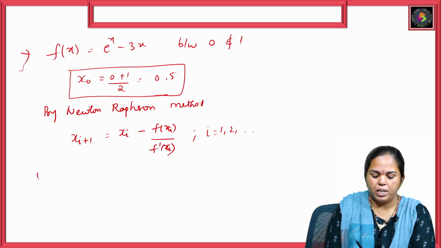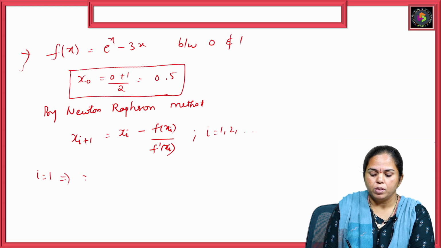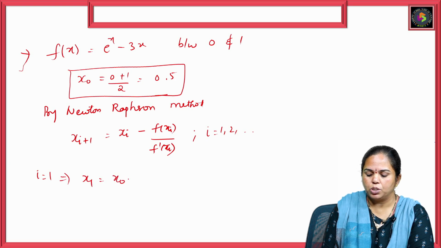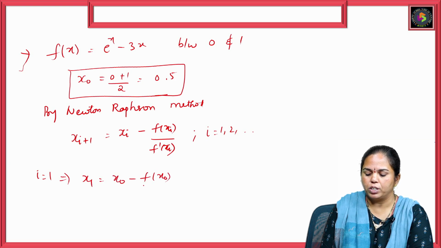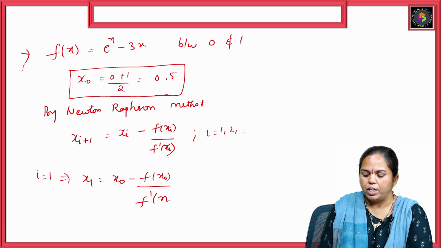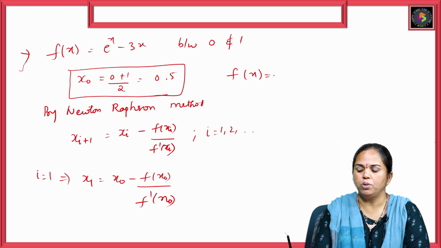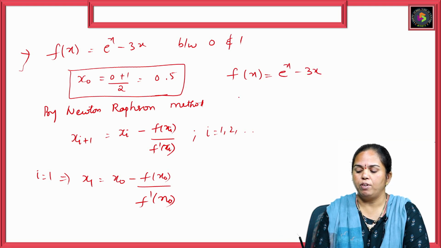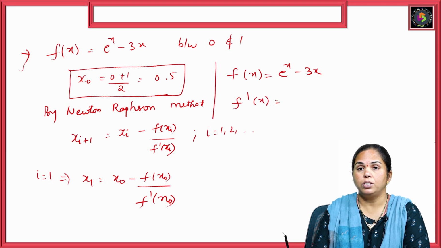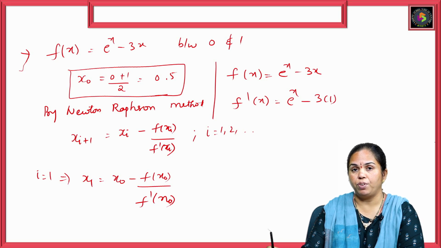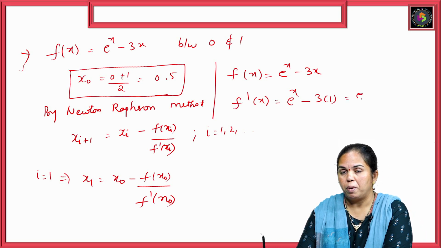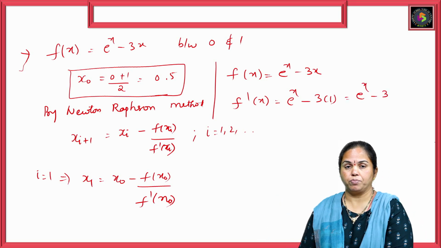First, when i = 1, x1 = x0 - f(x0)/f'(x0). Here f(x) = e^x - 3x. Then we find f'(x) = e^x - 3 into 1, the derivative of x is 1. So f'(x) = e^x - 3.